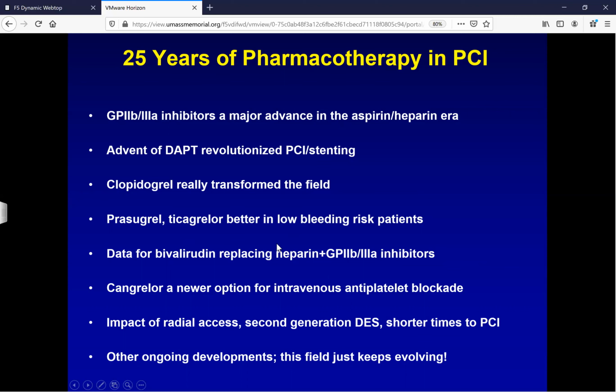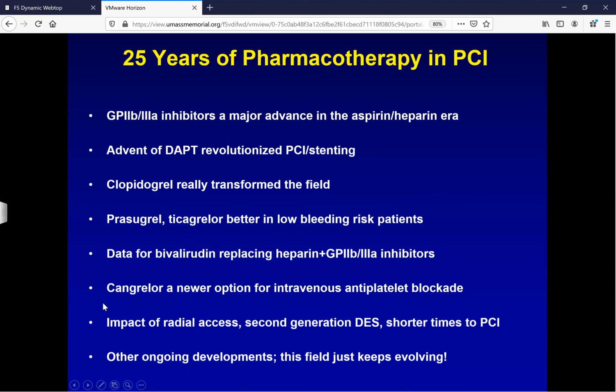Bivalirudin and GP2B3A inhibitors were initially used a lot, but then they were taken off because heparin is cheap and it gives you almost the same results as the bivalirudin and GP2B3A in several trials now. HEAT-PCI and MATRIX trials are the major ones that you need to remember.